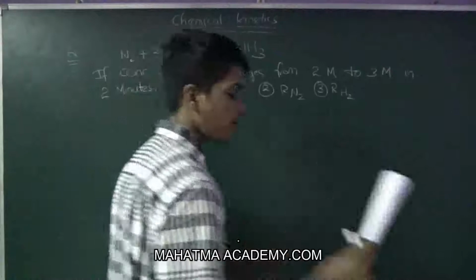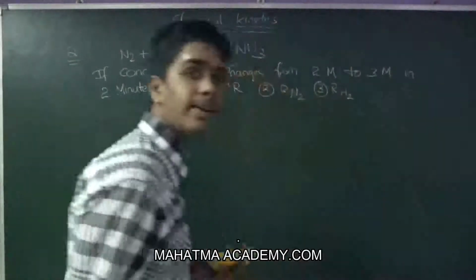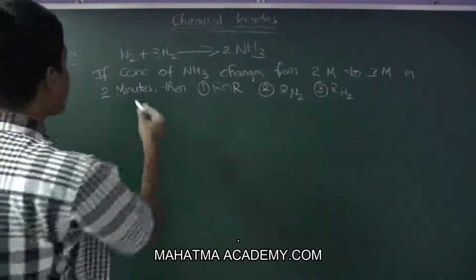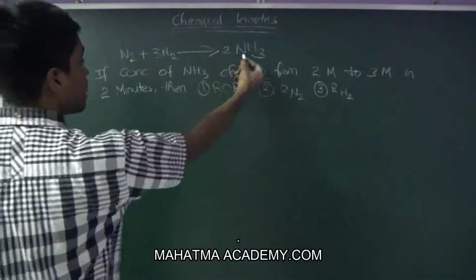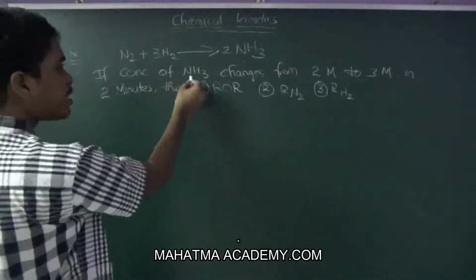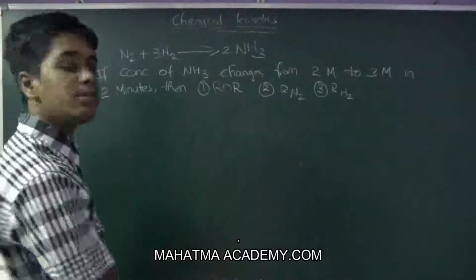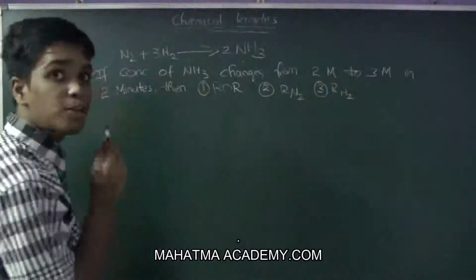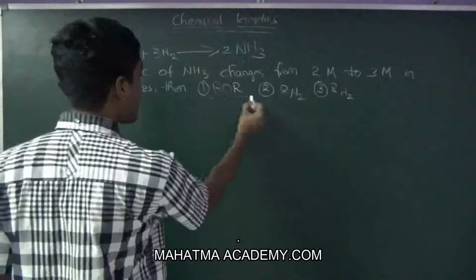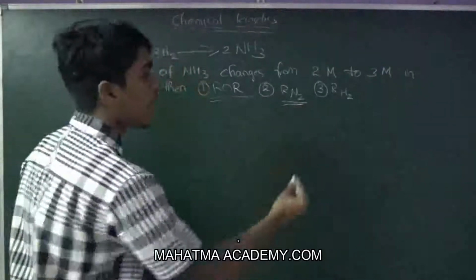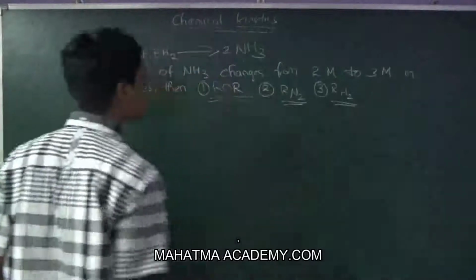First we are going to discuss the question. N2 plus 3H2 gives rise to 2NH3. It is the reaction. Now, if the concentration of NH3 changes from 2 molar to 3 molar in 2 minutes, we have to find the rate of reaction, the rate of N2 and the rate of H2.